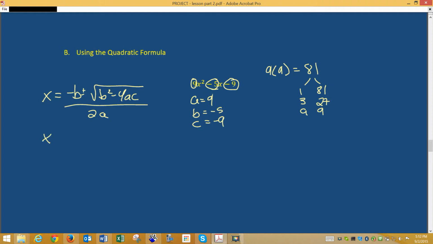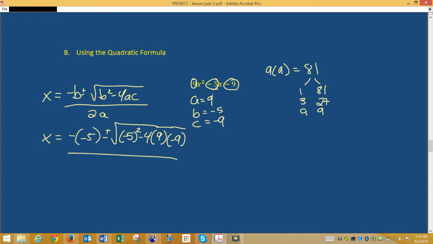So that means that x equals negative 5. Be careful with that negative. Plus or minus b is negative 5 squared minus 4 times a is 9 and c is negative 9, all over 2 times 9. Okay.